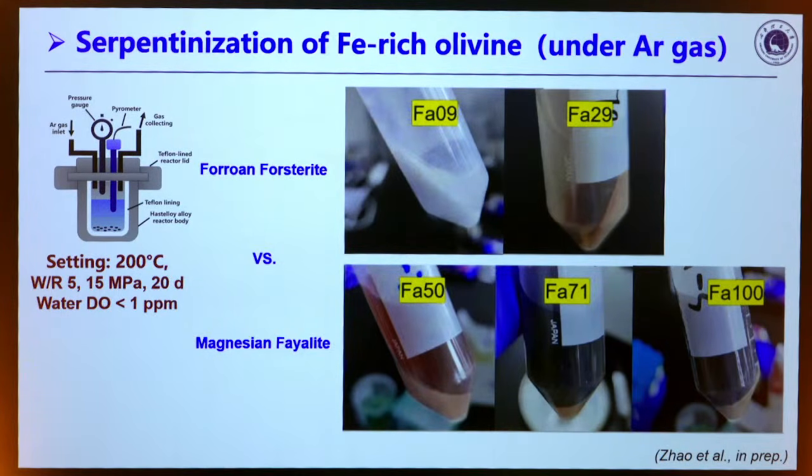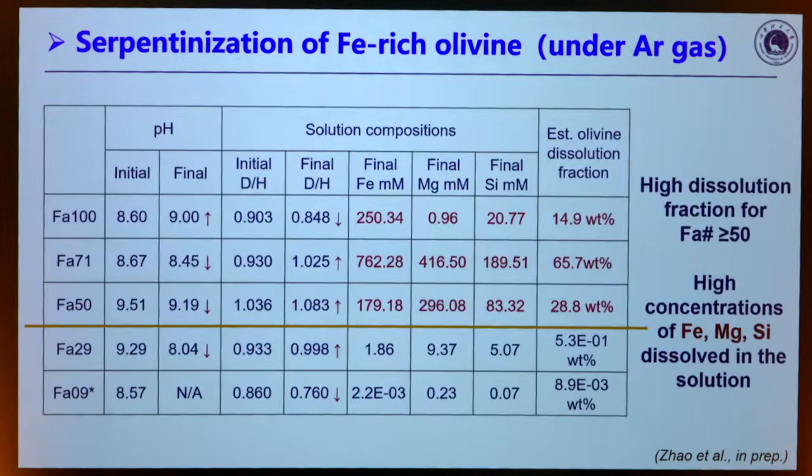That is the Fe3+ in the solution. Consistent with this observation, with a very high concentration of fayalite in the initial material, you will produce a very high concentration of iron, magnesium, and silica in the solution, and very high solubility, so solution effects will happen in these experiments.